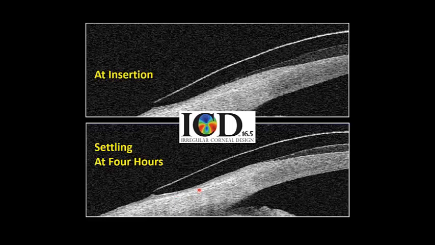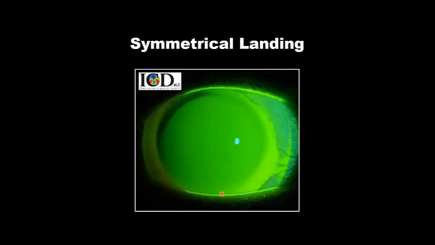Even if it starts out with asymmetric landing, let's call it bearing on two points, it's going to quickly sink into this conjunctiva and seal itself 360 degrees around. So this is what happens. The lens lands on the surface of the eye, and it squeezes out whatever fluid would be underneath this landing zone, creating this symmetrical bearing all the way around.